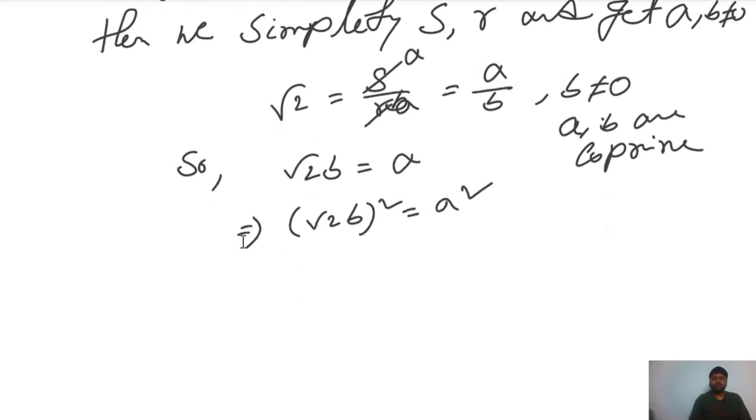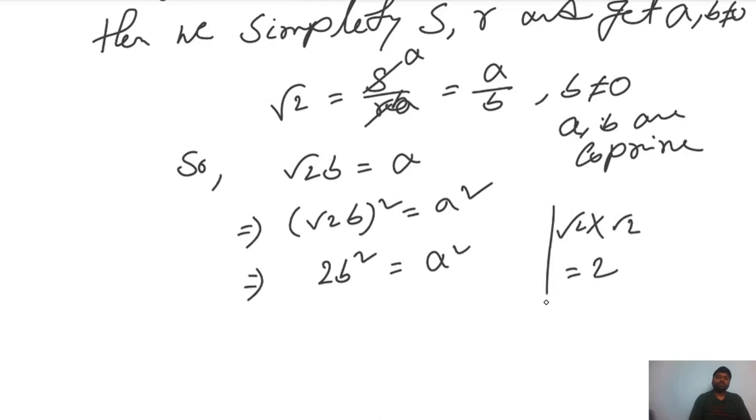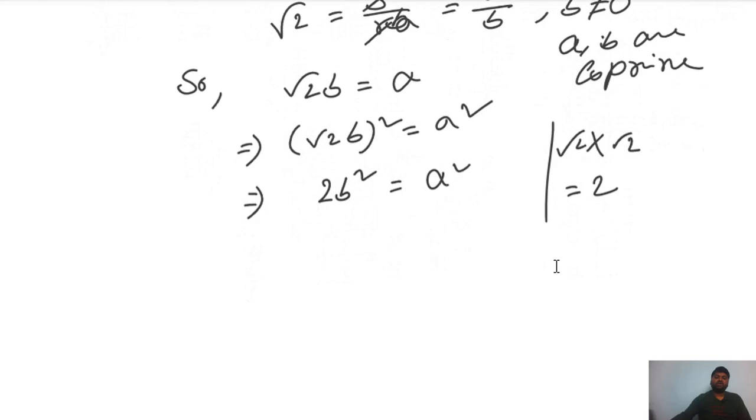Now we get 2b square equal to a square, because root 2 the whole square equals 2, since root 2 times root 2 is 2. So 2b square equals a square.